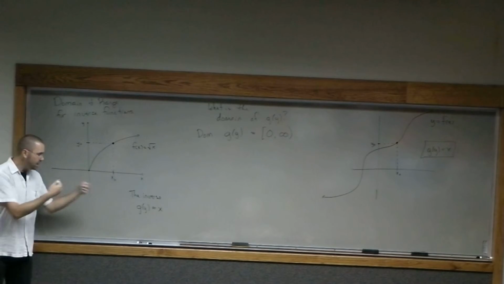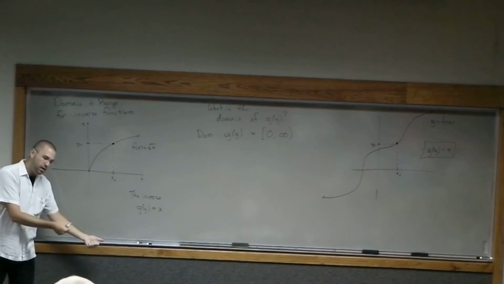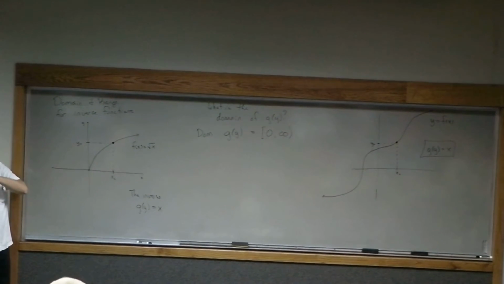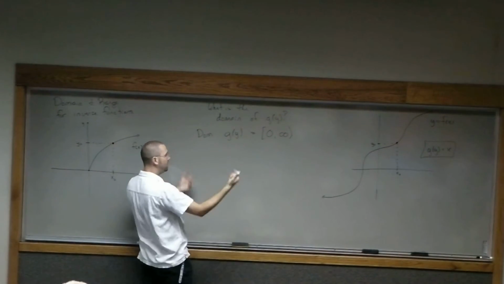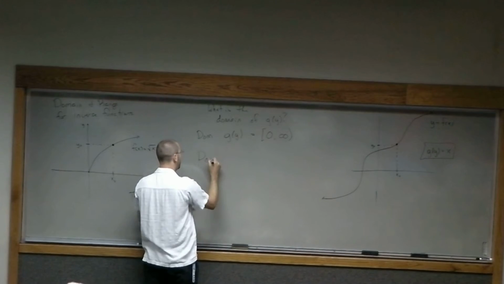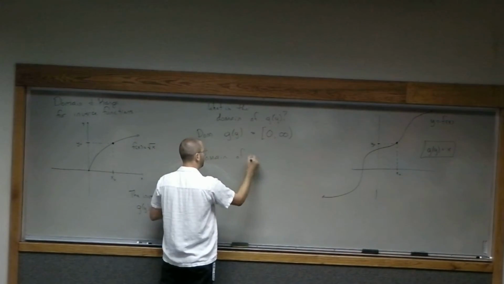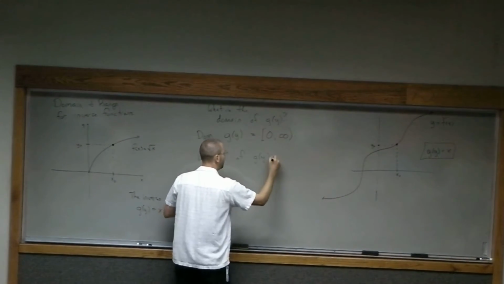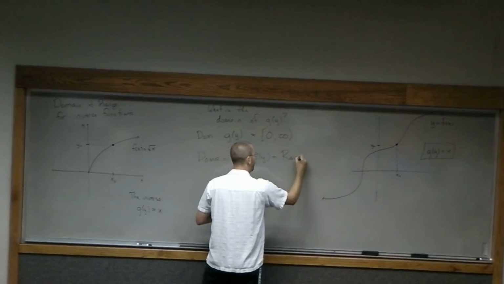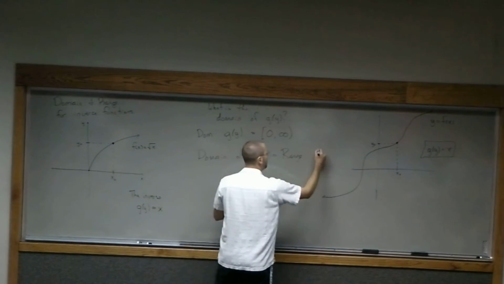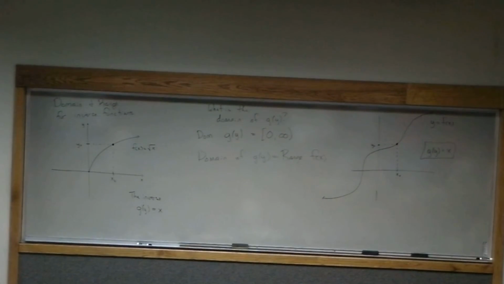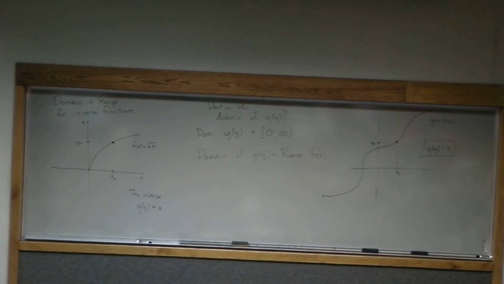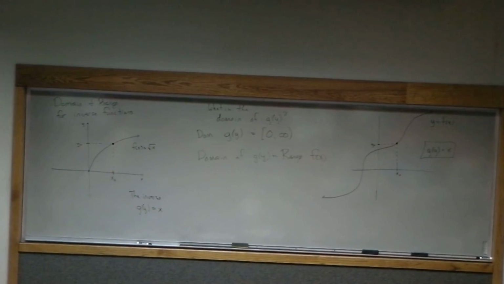So it takes the outputs of the original function and undoes whatever the original function did. So when I'm talking about the domain of the inverse function, the domain of g of y equals the outputs, or the range, of f of x. That's the relationship we get between the domain of an inverse function and the range of the original function.